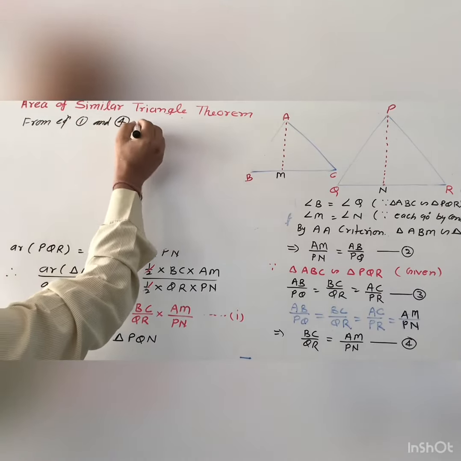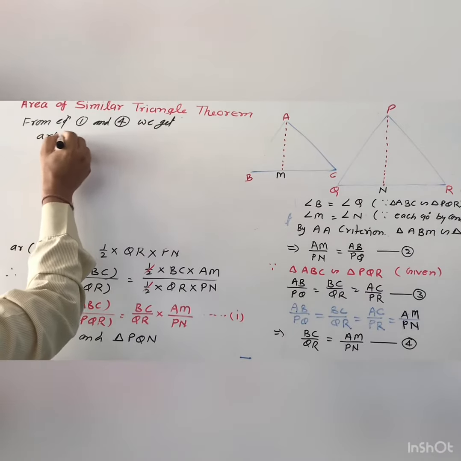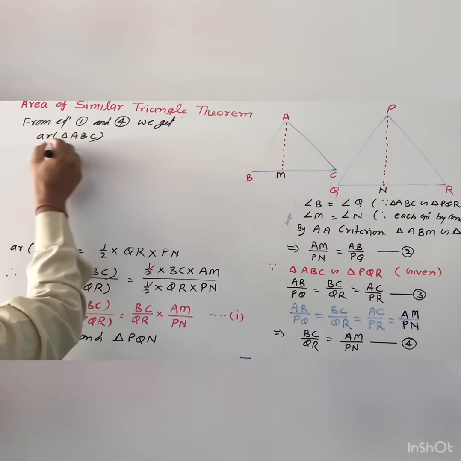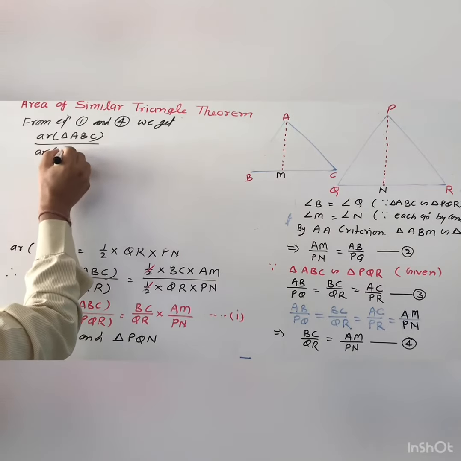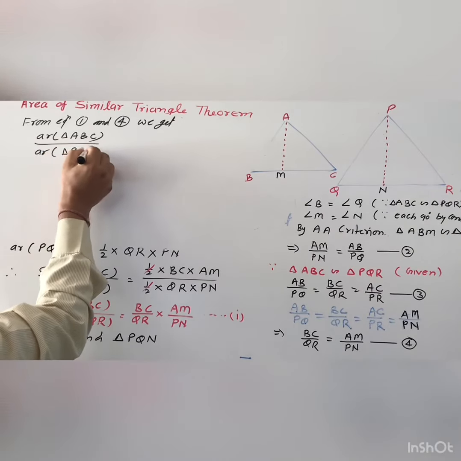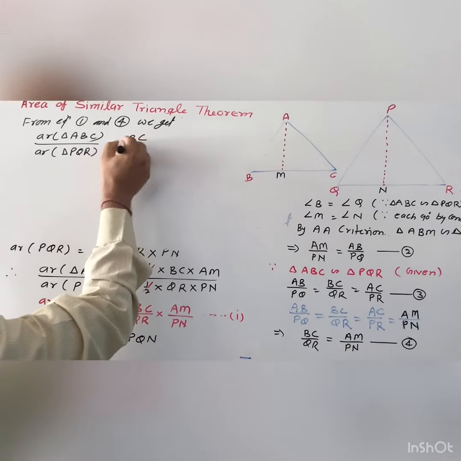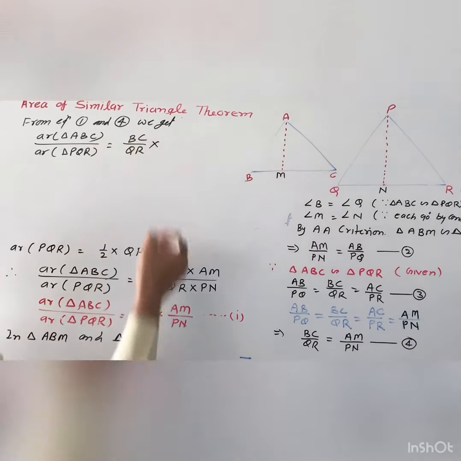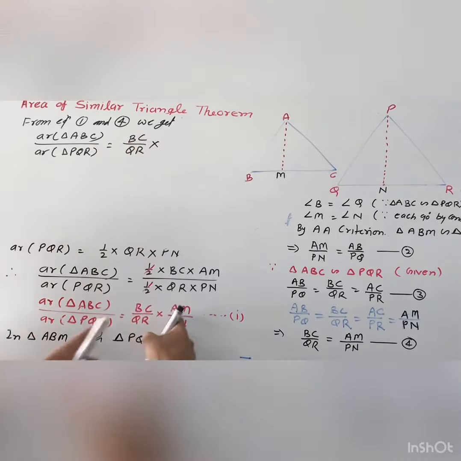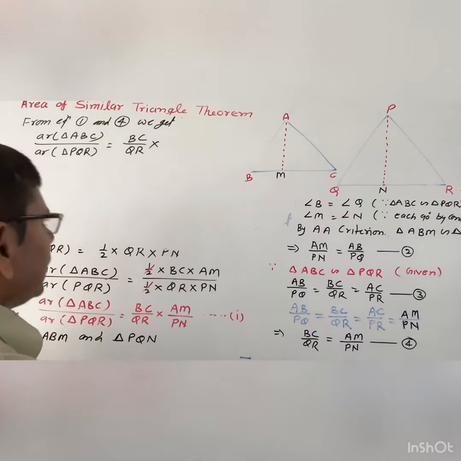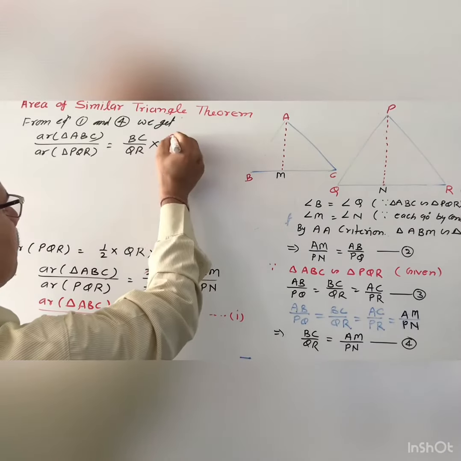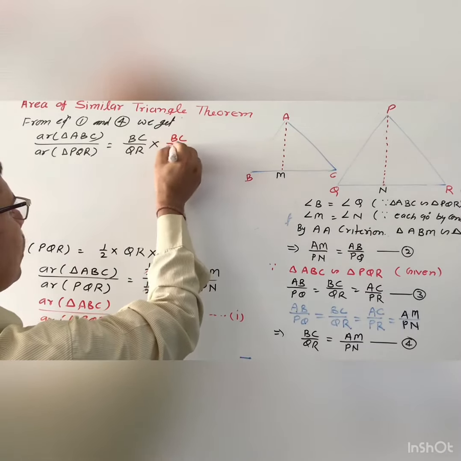We will get area of triangle ABC divided by area of triangle PQR. This is BC upon QR, and you replace this AM by PN, that is, you will substitute here BC upon QR from equation number 4.